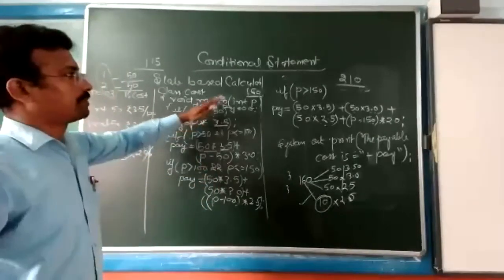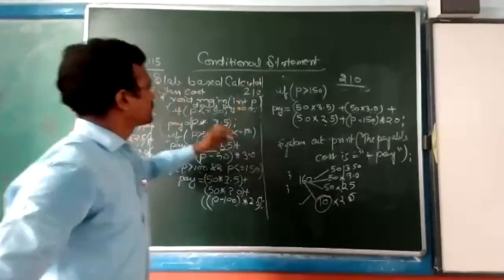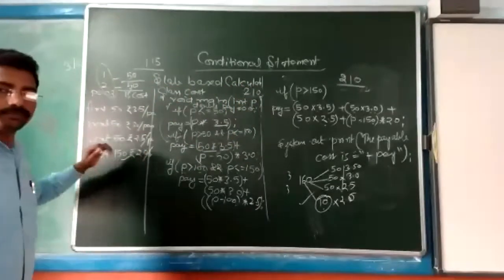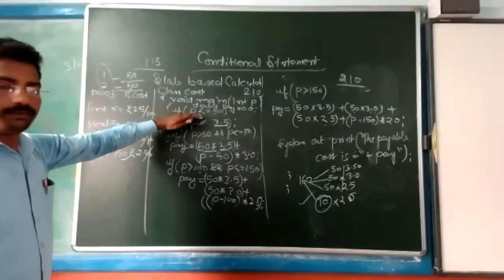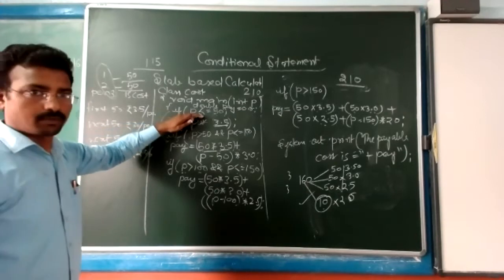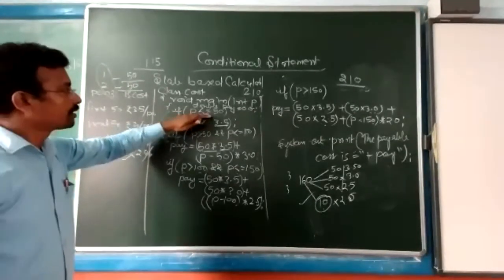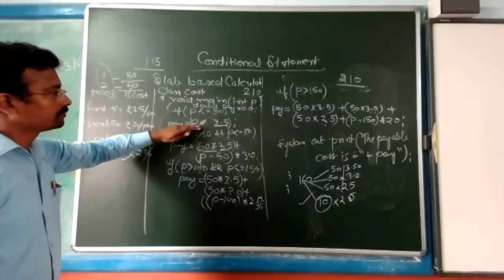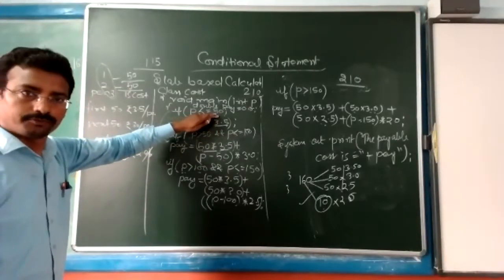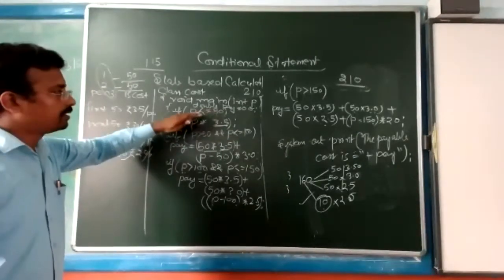So your time starts. Suppose your given value is 210. How will it work? Let's start execution. Sir, first of all, int p, the user will give the value 210. Then it will come to the if block. It will be checked if p is less than or equal to 50. The condition will be false because the given value is 210.